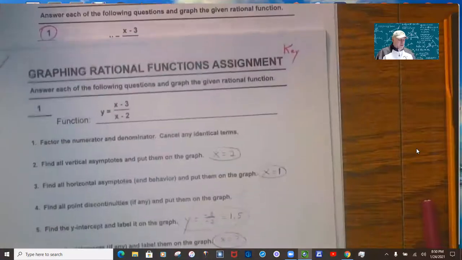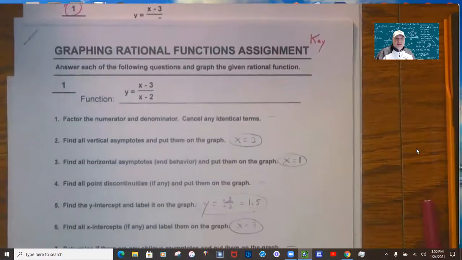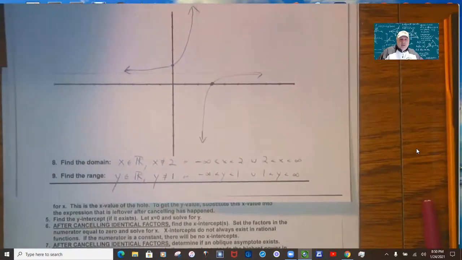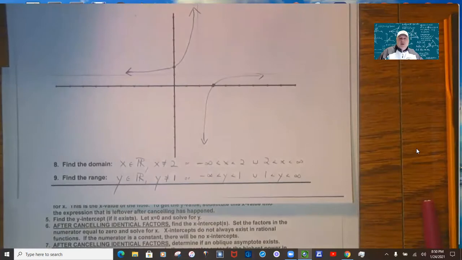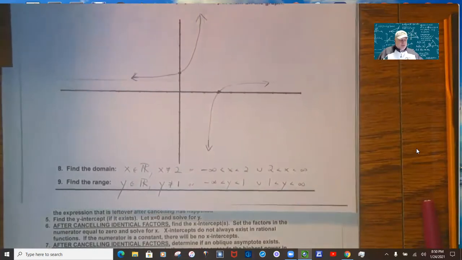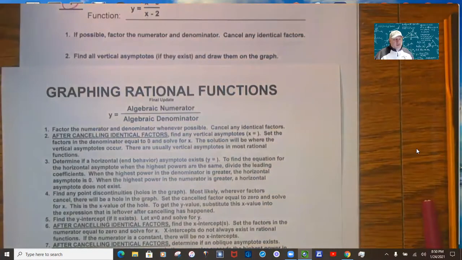Anyway, so this is just about following a procedure, checking on your little recipe guide there to see what you need to do. And then once you get all this done, you graph it, and then you find the domain and range, which is really pretty easy to do. You just strike out all the horizontal and vertical asymptotes and also the point discontinuities. So this looks difficult.